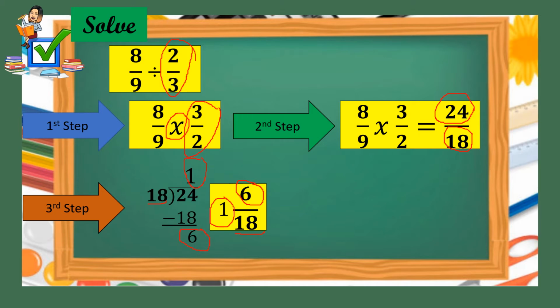Since 6/18 is a larger number, we need to lowest term it. Again, how do we lowest term the larger number? By finding the greatest common factor, or the GCF. Hanap kayo ng pwedeng i-divide sa 6 na pwede rin i-divide sa 18.